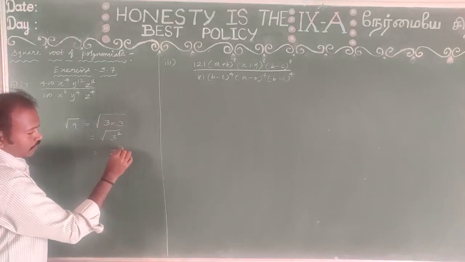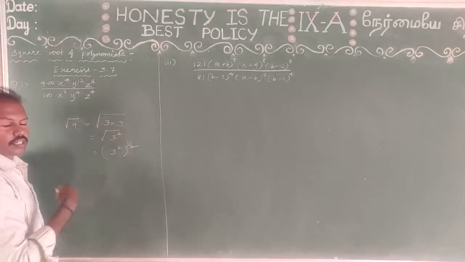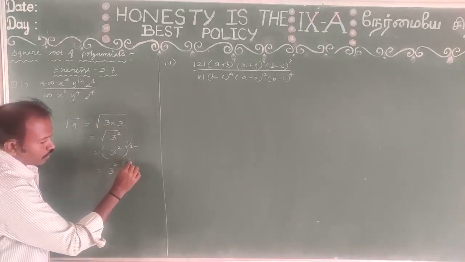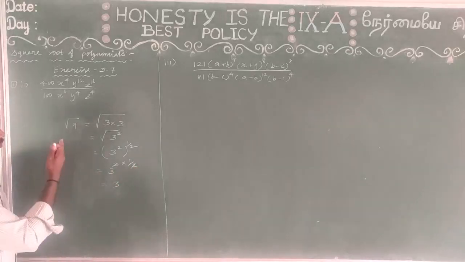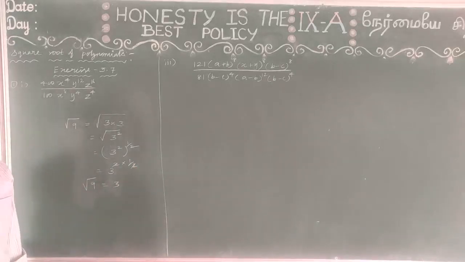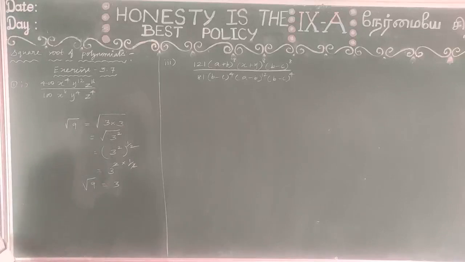We know the concept, 3 squared whole to the power 1 by 2, the square root whole to the power 1 by 2. That is equal to 3 to the power 2 into 1 by 2. Then the 2s cancel. We have 3. Therefore, square root of 9 is equal to 3. That's all. This is how we are going to find out algebraic expressions. Right.